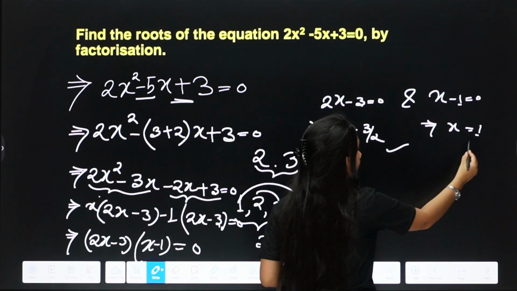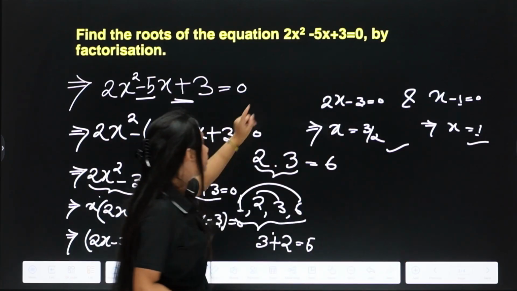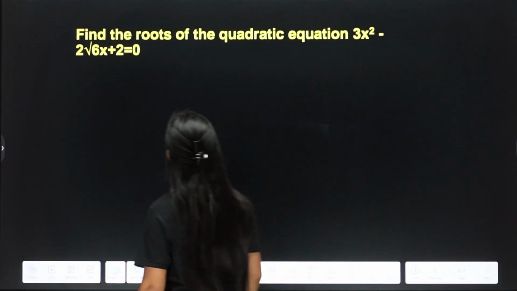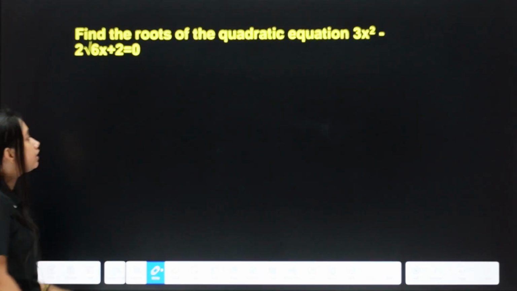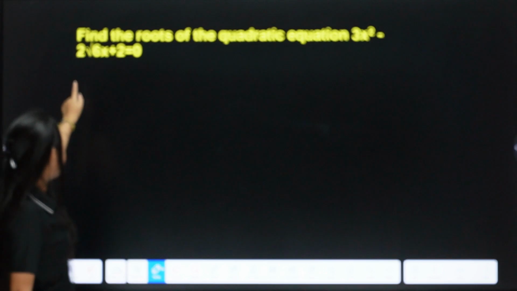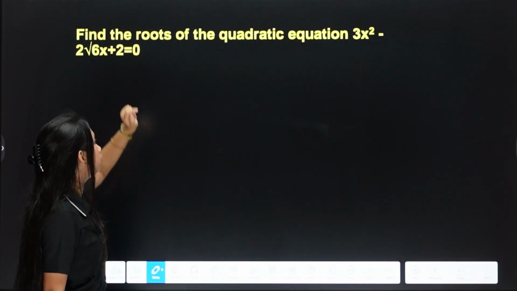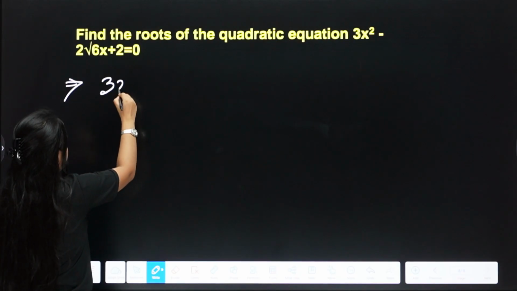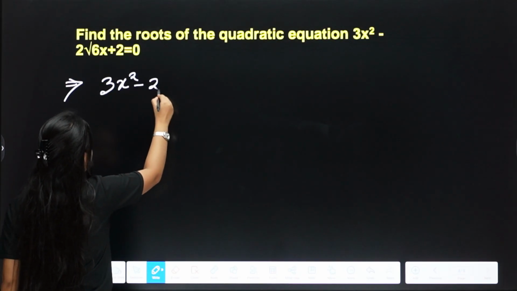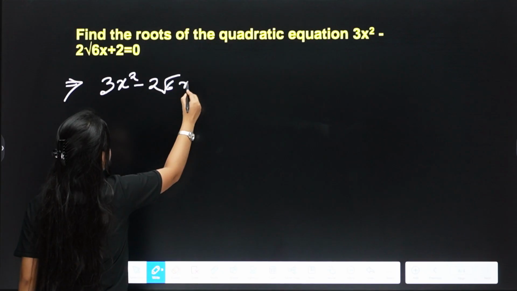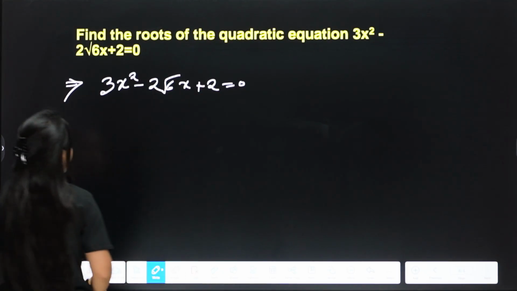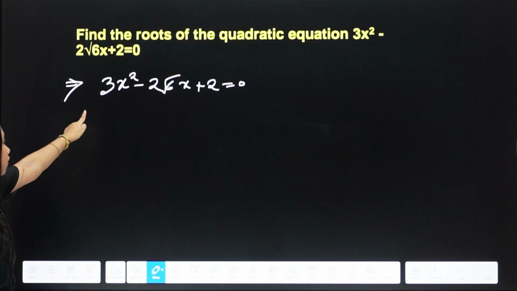Again, come to the next example: find the roots of the quadratic equation 3x square minus 2 root 6x plus 2. First of all, you write the equation, that is 3x square minus 2 root 6x plus 2 is equal to 0. Can you tell me what is the coefficient of x square?